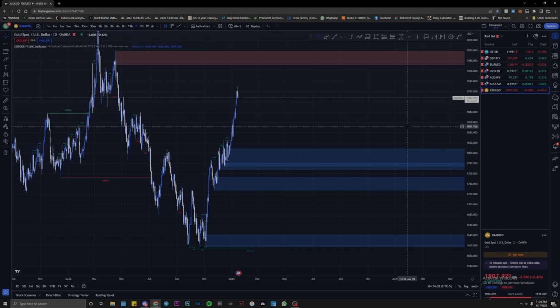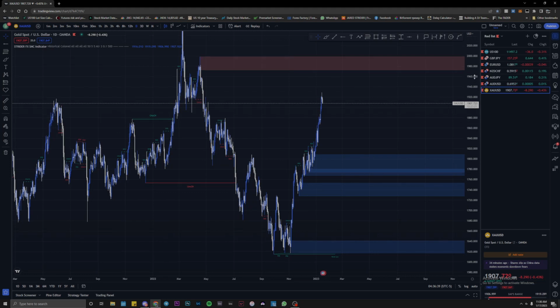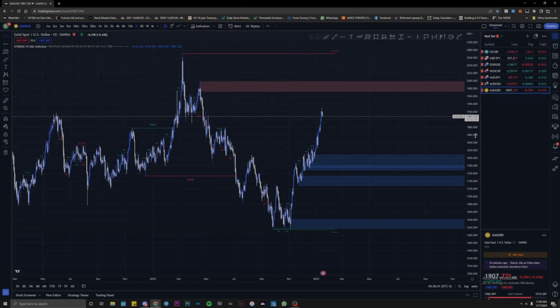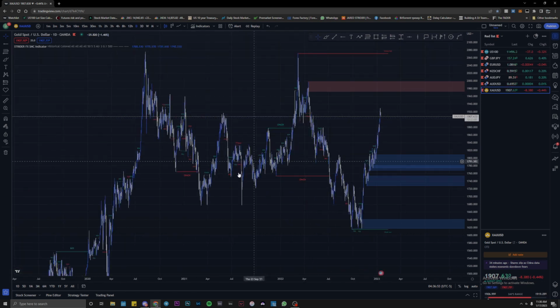But anyway, in saying that, liquidity is what drives the market. We move from liquidity to liquidity, and we use that to find where the most likely move will be, because we can determine where it took liquidity last. So we took liquidity on the downside.